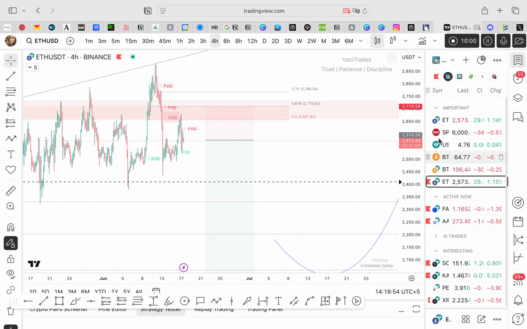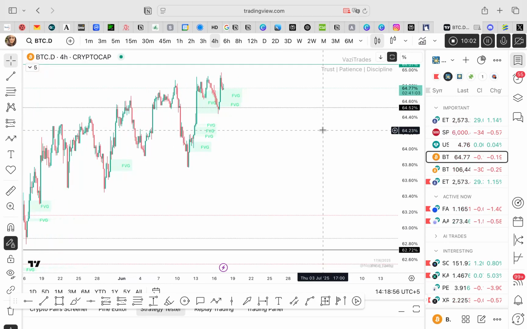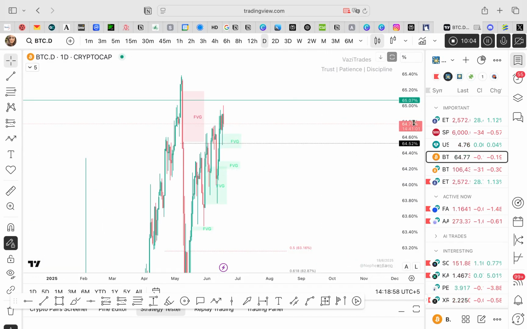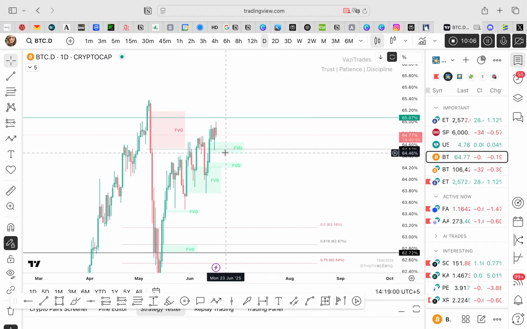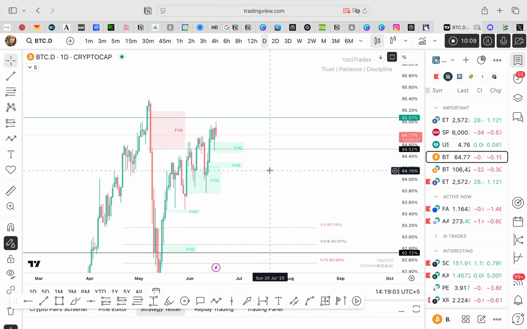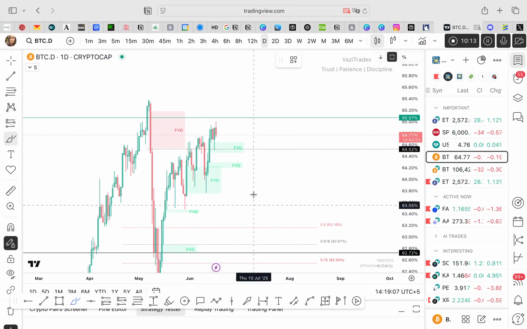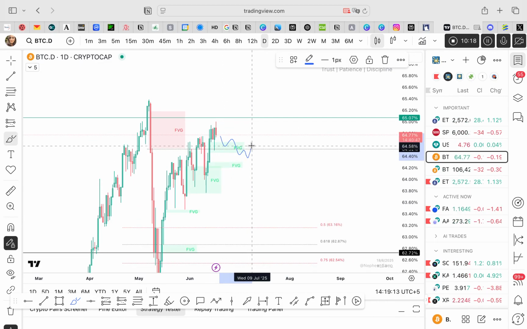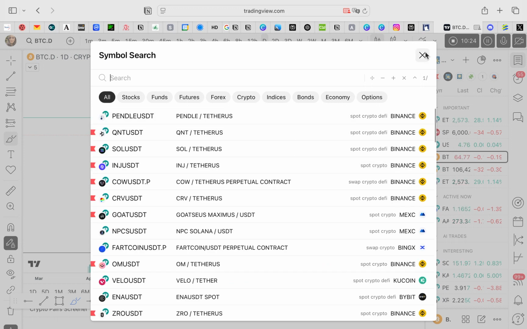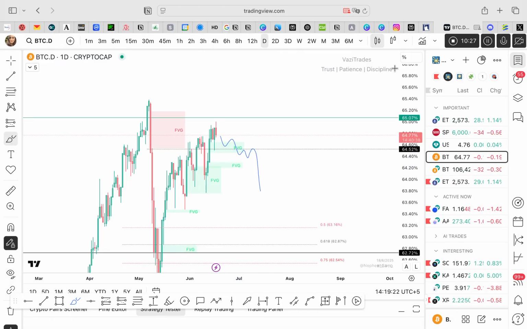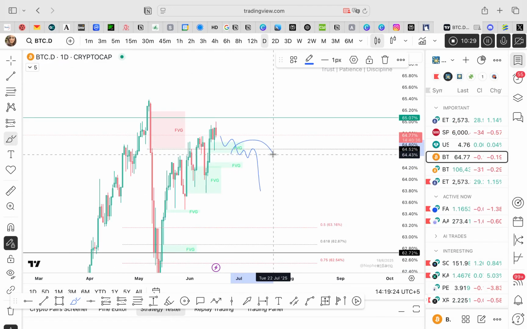Now let's go back to Bitcoin dominance. Okay, wow, I didn't check it yet, so it's still holding 64.52. For bullish altcoins, I would want to see Bitcoin dominance break below the 64.52 level, reject here on this daily FVG, and go much lower.